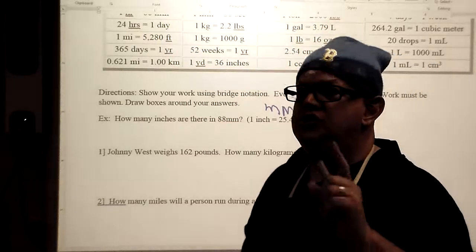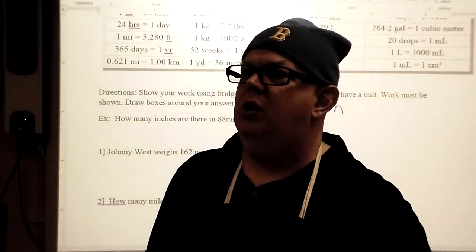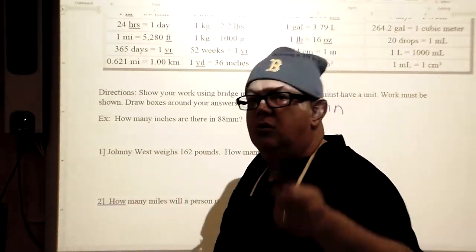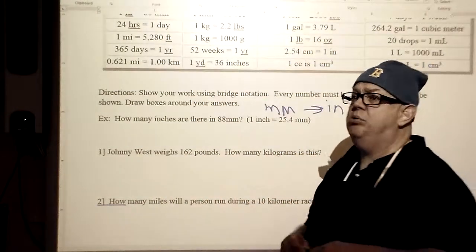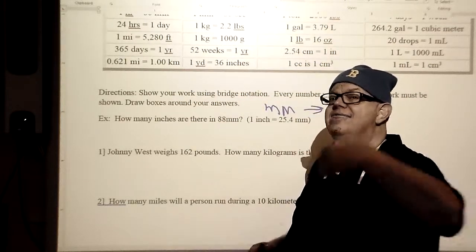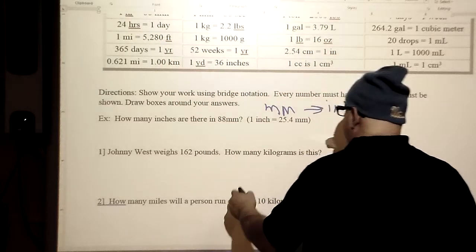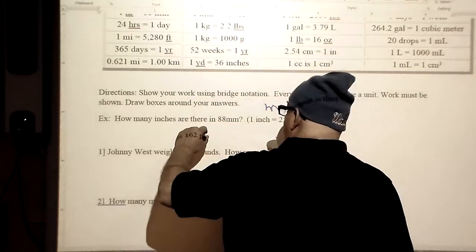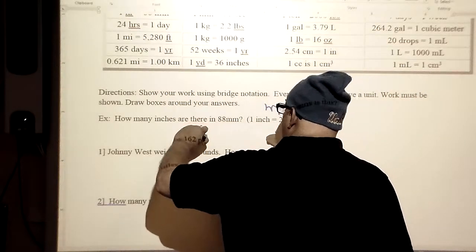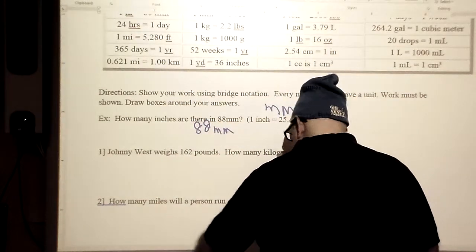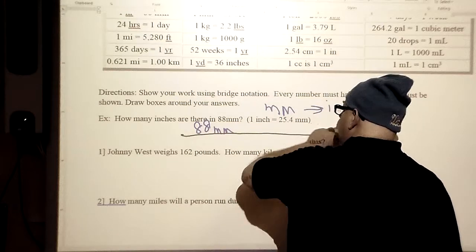If you don't know where you're starting and where you're ending, that's a problem, because then you're not able to solve the problem. Remember, analyzing the problem is the key thing. That's the skill you need. So let's work this one through with the famous bridge notation. I'm going to go 88 millimeters, and I'm going to put in one bridge here.